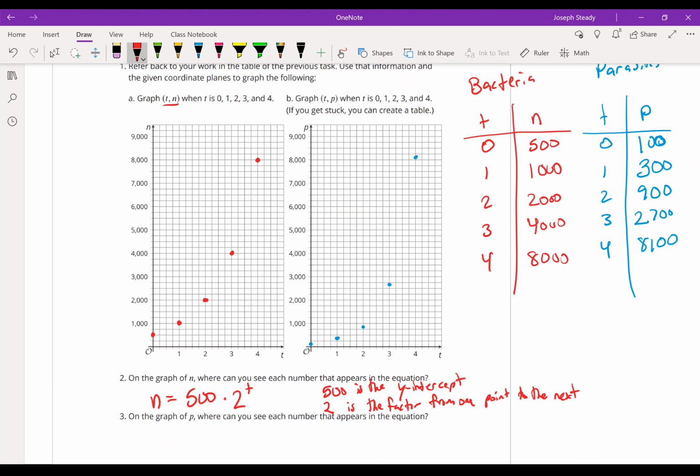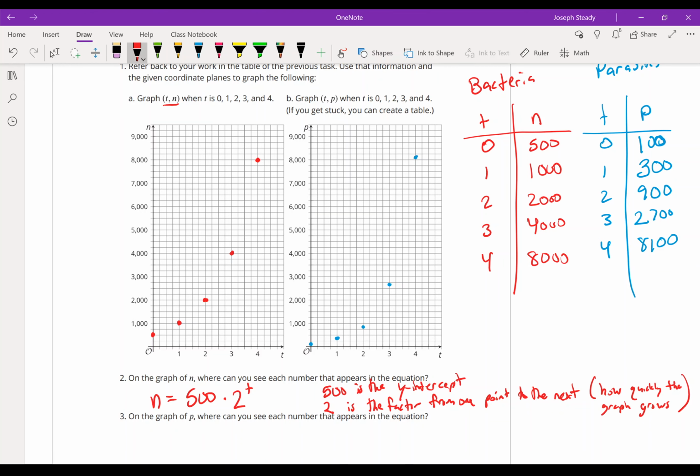Or in other words, it kind of tells me how quickly the graph grows. It's not really like a slope because it's not a straight line, but it's telling me how quickly this graph is going up and up.